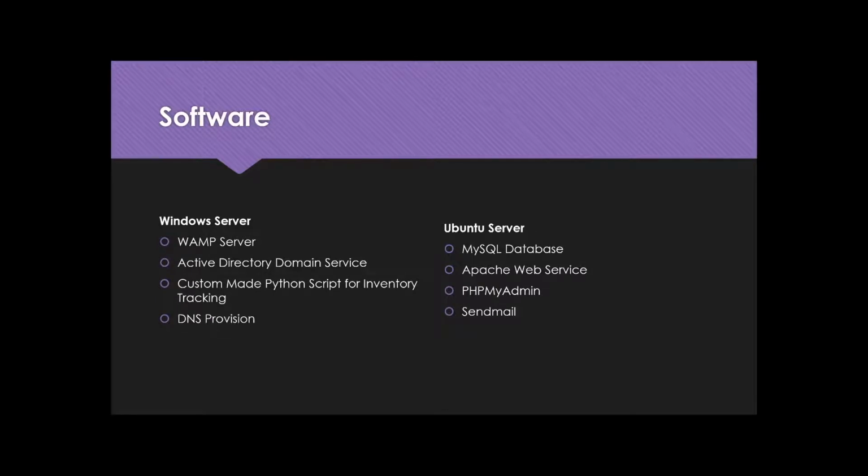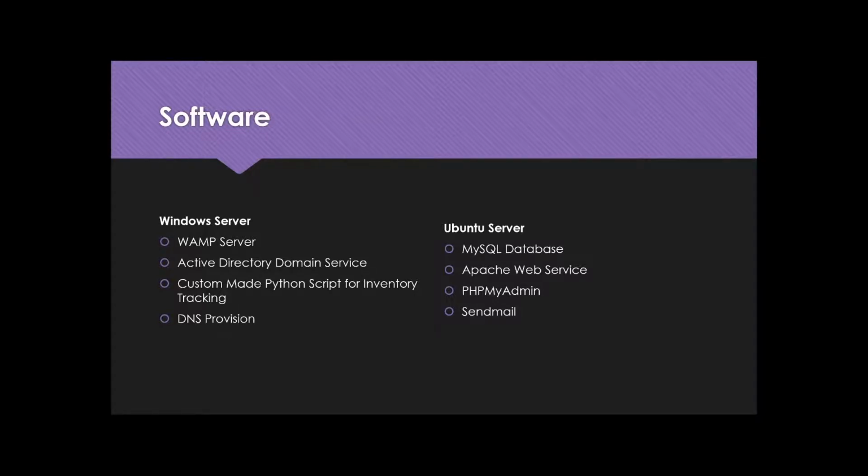Software-wise, there are several different softwares that were required for this project to come to light. For the Windows side of things, we required WAMP server for website hosting, Active Directory domain service for user-based permissions. Custom-made Python script for inventory tracking is the heart of the project itself. There are 2 different types of Python scripts that were used.